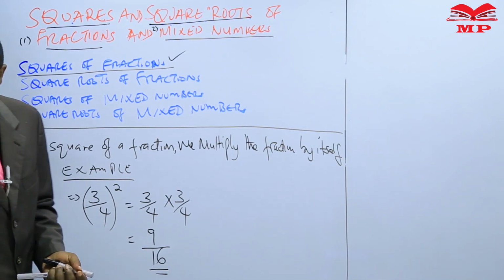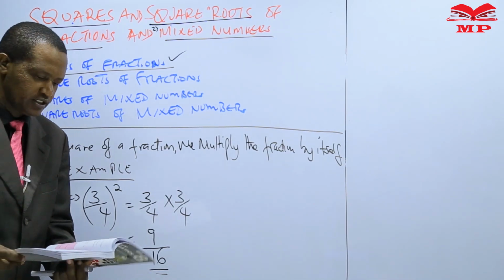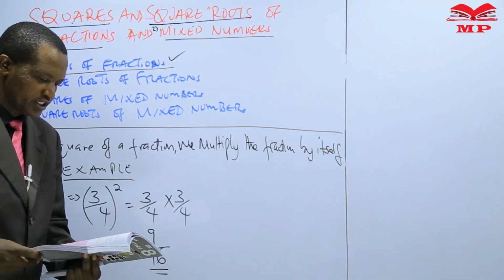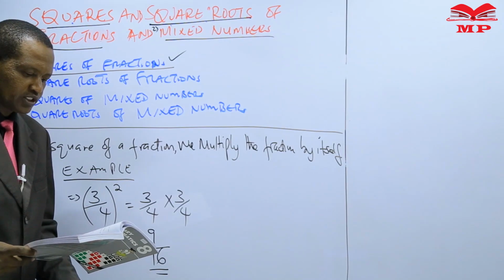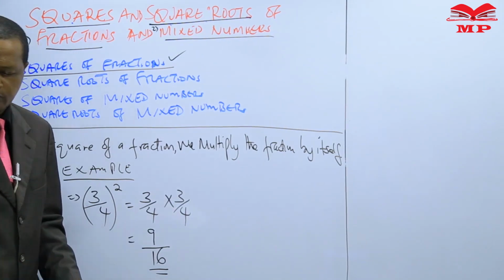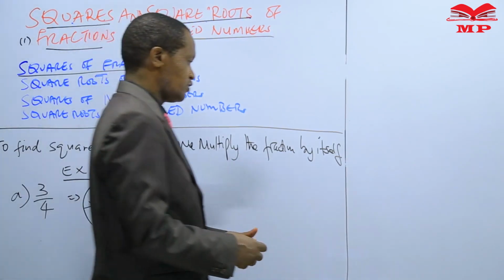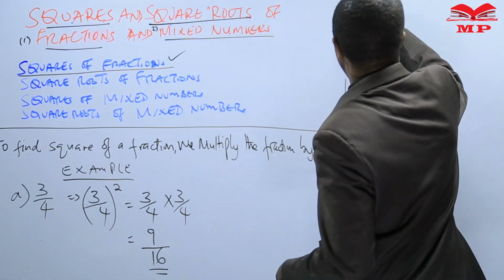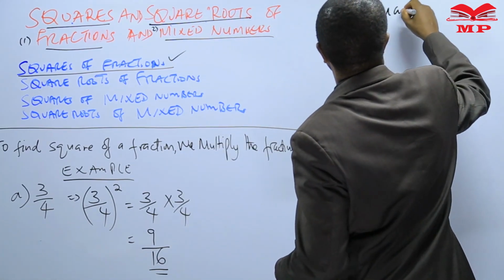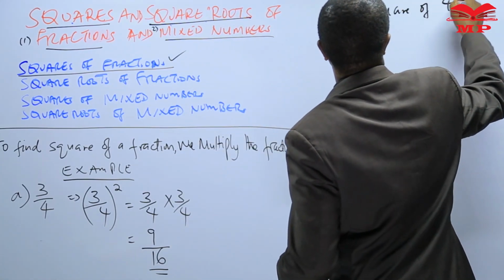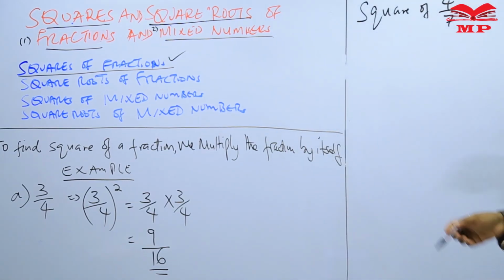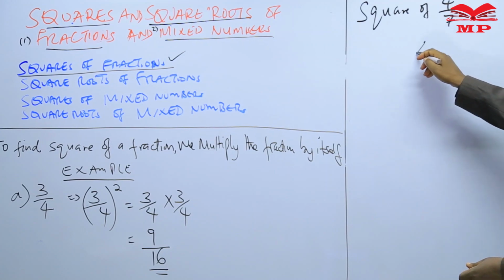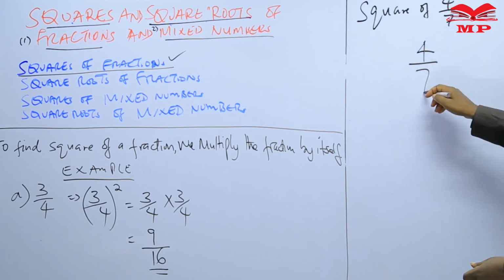Then the second example we are going to consider here is part B, which says work out the square of 4 over 7. How do you get the square of 4 over 7?